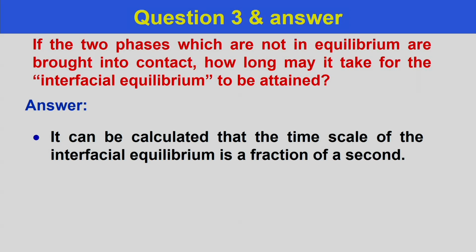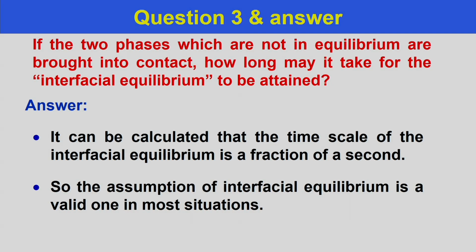This can be calculated: the time scale of interfacial equilibrium is a fraction of a second, a very small time to reach equilibrium at the interface. And so, the assumption of interfacial equilibrium is a valid one in most situations, since the time scale to reach that equilibrium is very small.